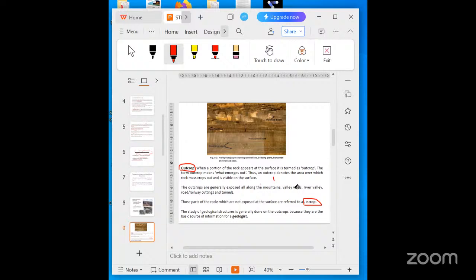Hence, an outcrop denotes the area on the surface of the earth over which a rock mass is exposed. The line of intersection of the limiting surface of the rock mass with the surface of the ground is its limit, right? So the study of geological structures is generally carried out by the study of these outcrops, right?